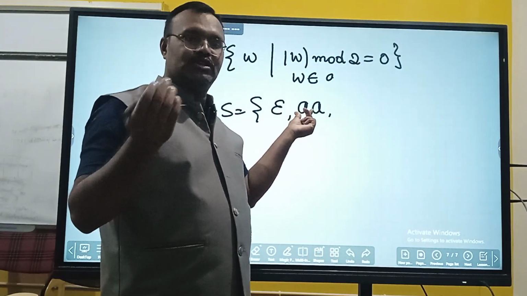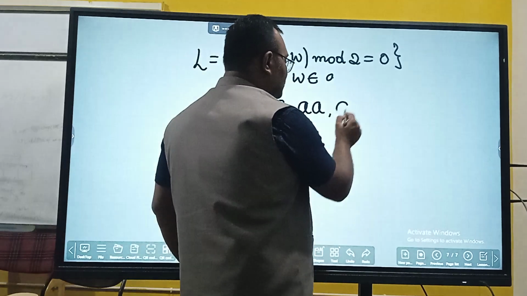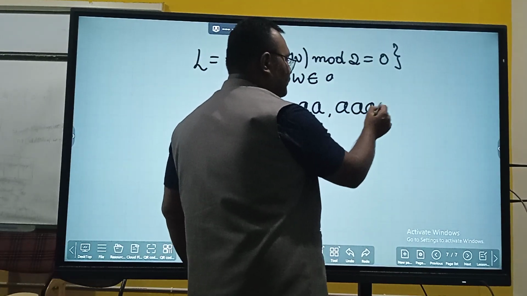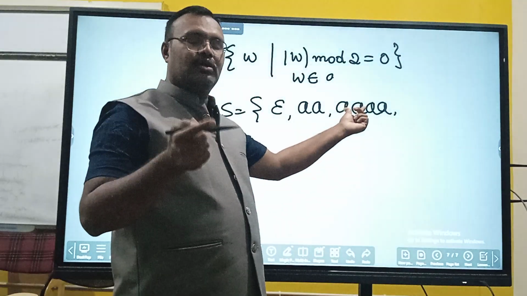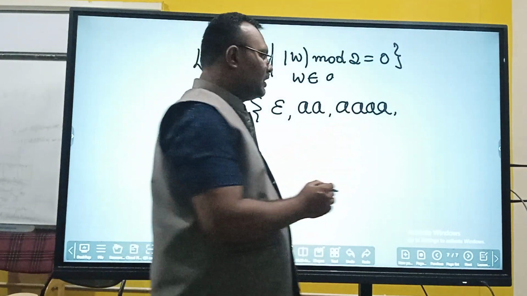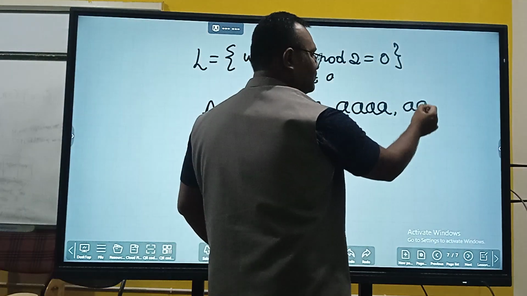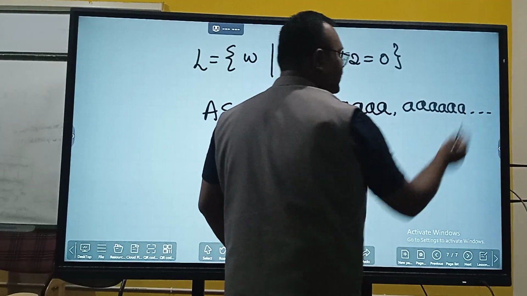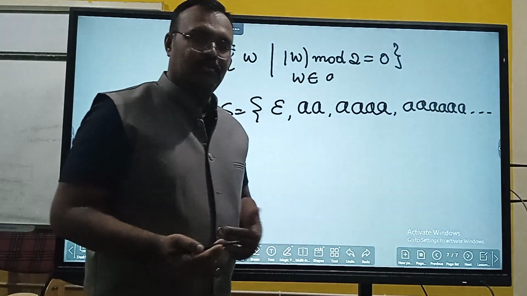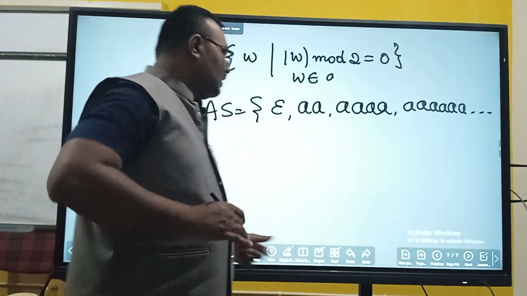The remainder value will be 0. Similarly, 4 A's, if you divide by 2, the remainder will be 0. Similarly 6 A's and so on: 8 A's, 10 A's, 12 A's, like this.